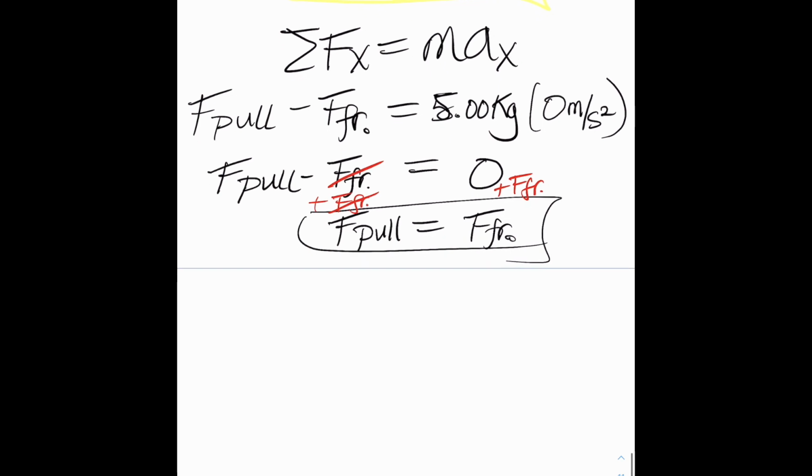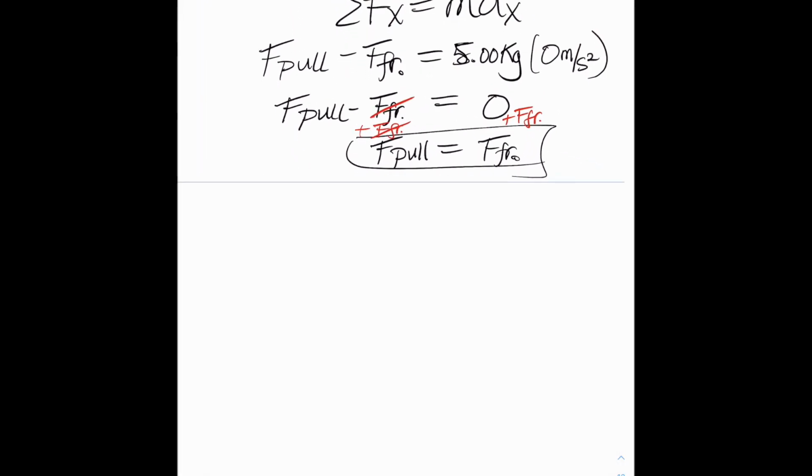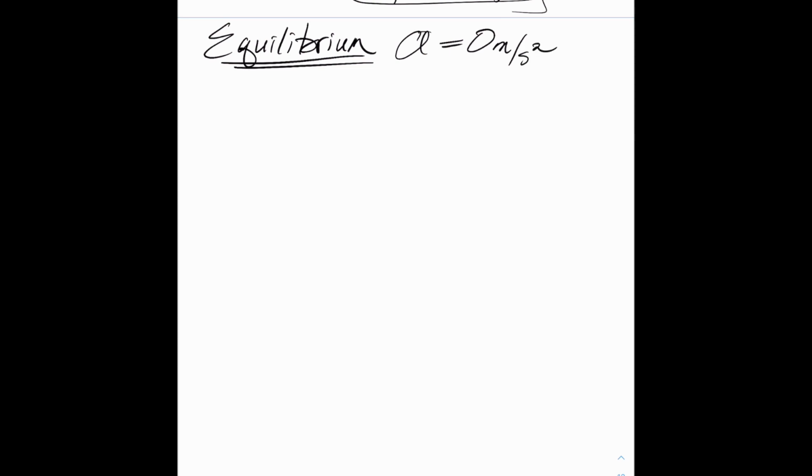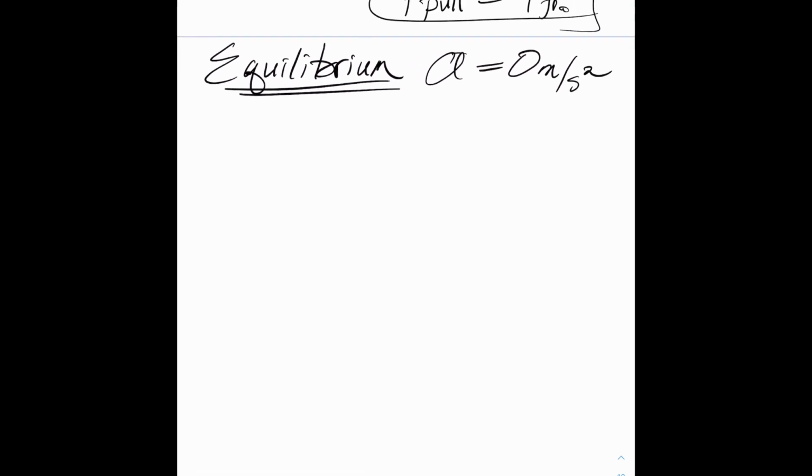But this could have also been static, and so what I'm saying here is we have this idea of something called equilibrium, and so let's go ahead and define that right here. So equilibrium, there's 3 situations you're looking for, but equilibrium is when the acceleration is equal to 0. And whether we're working with static or kinetic equilibrium, we're in equilibrium.